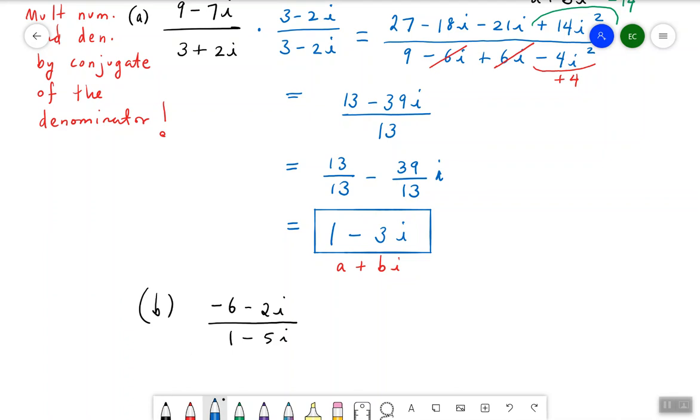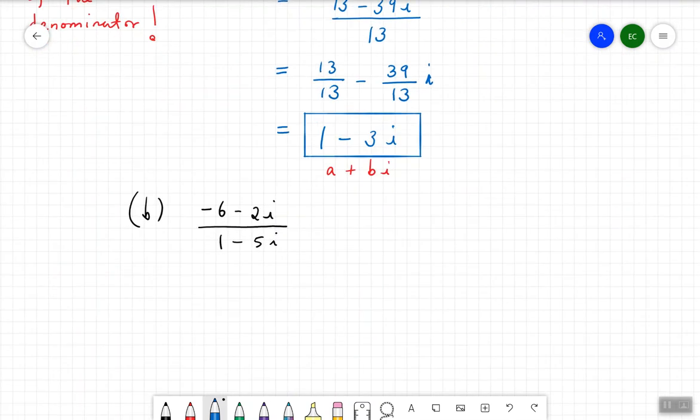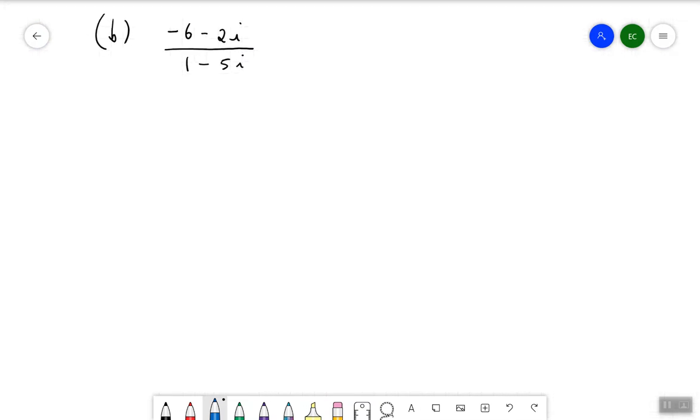So the key now is to multiply by the conjugate of the denominator. So let's go ahead and try that. The conjugate is 1 plus 5i. If you like, pause the video and try to work through the problem, or follow along with me.